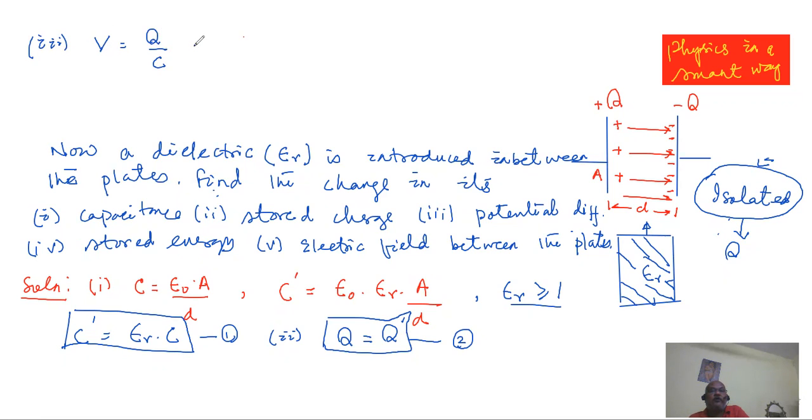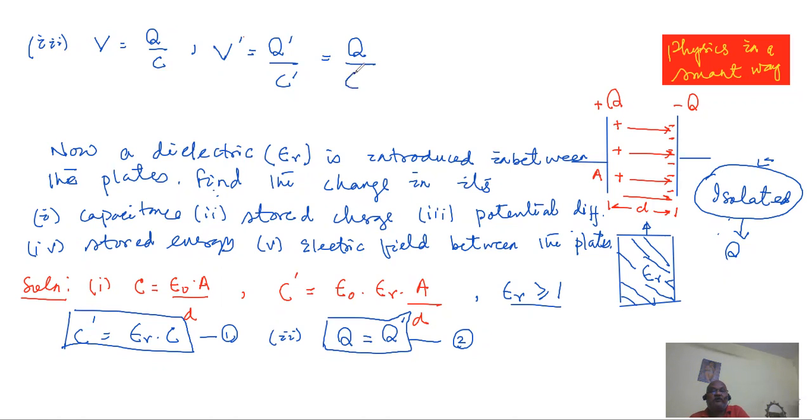Now, the new potential difference V dash will be equal to new charge by new capacitance. But we have already answered that the charge remains the same, but the capacitance C dash increases.